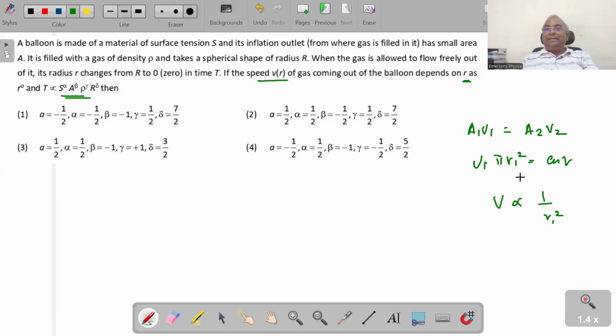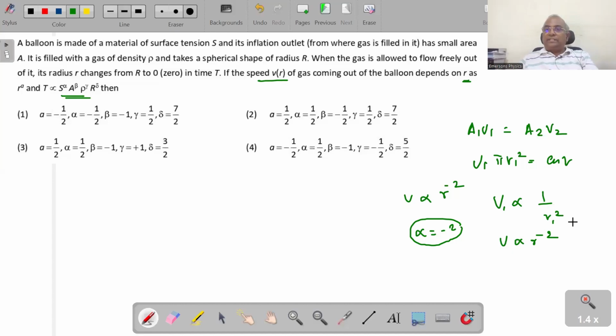We know that velocity is inversely proportional to r squared, according to the equation of continuity, A1 V1 equals A2 V2. Velocity is inversely proportional to r squared, so it is r to the power of minus 2. Here there is a term r to the power of alpha. Alpha should be equal to minus 2. I think no answer is coinciding. Anyway, we can come to the conclusion by doing the next step.